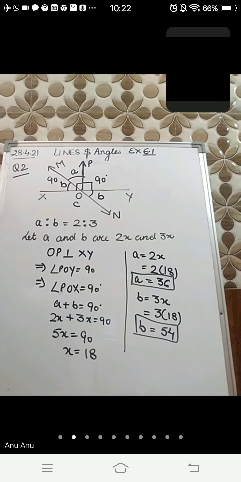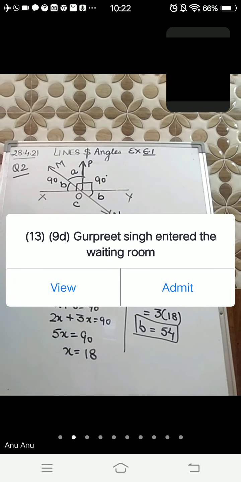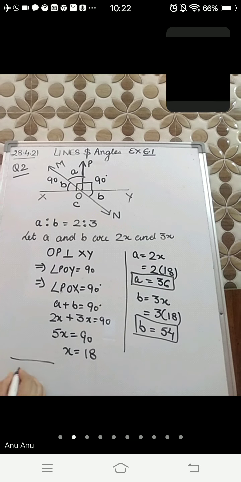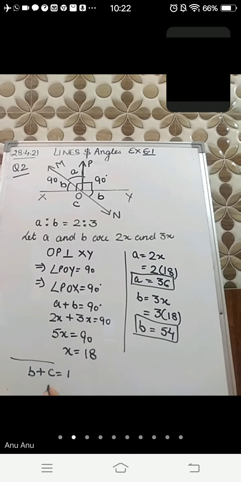Now we want to find C. Can you tell me how we can find this angle C? B and C are making a linear pair. So B plus C is equal to 180. That is a linear pair.